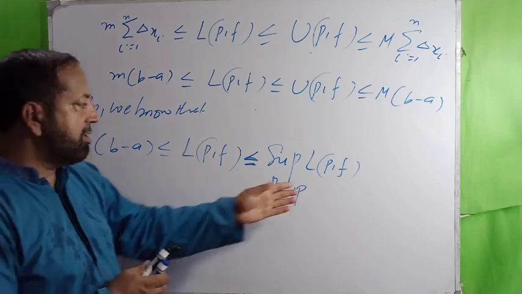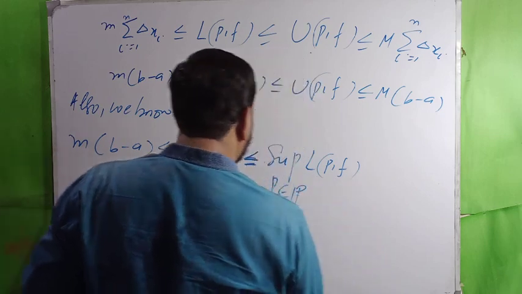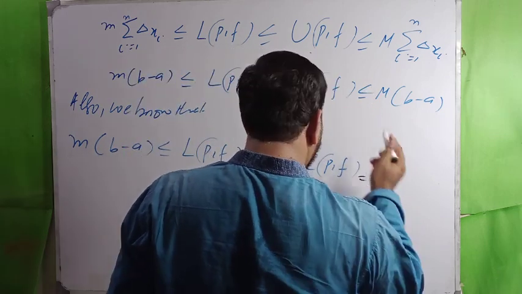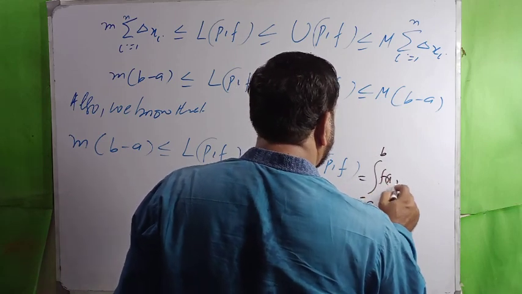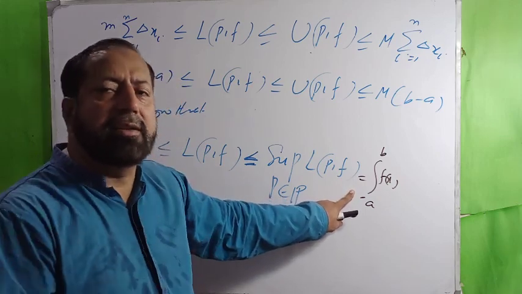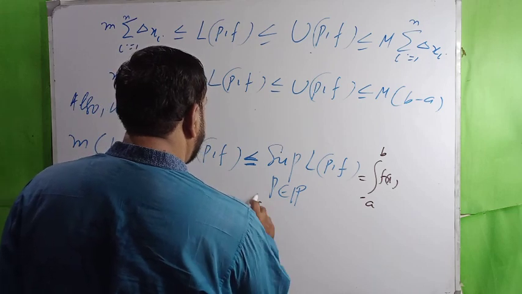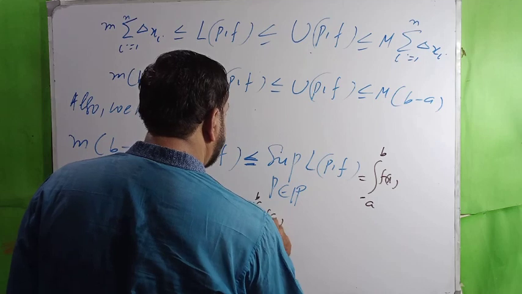And you know, this is in fact the lower integral. This is equal to the lower integral from a to b of f(x) dx, and you know the lower integral is always less than or equal to the upper integral. This is always less or equal to the integral from a to b of f(x) dx.